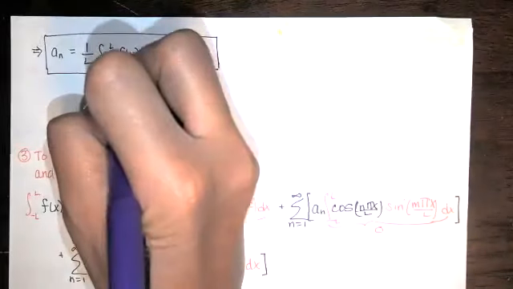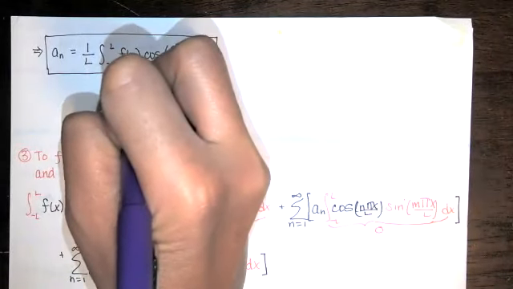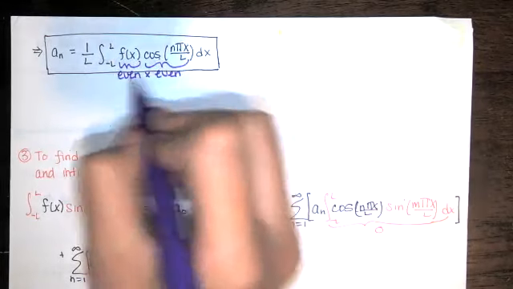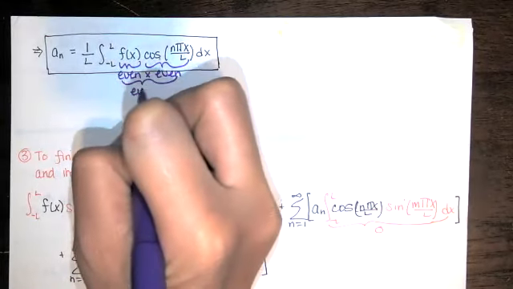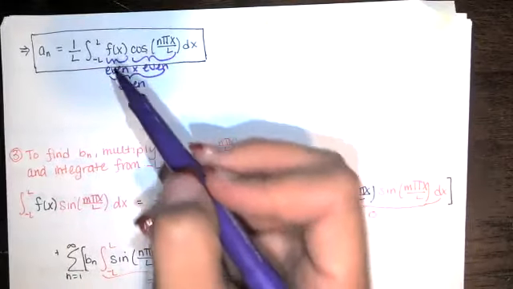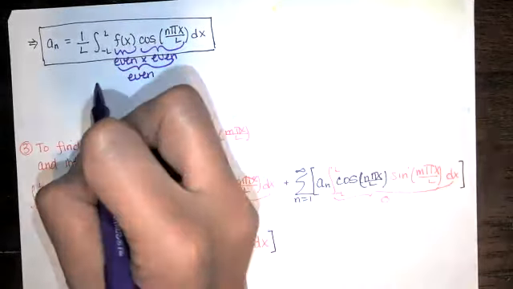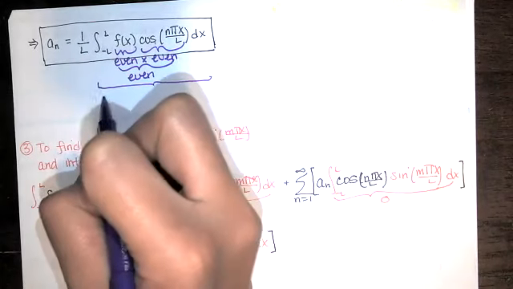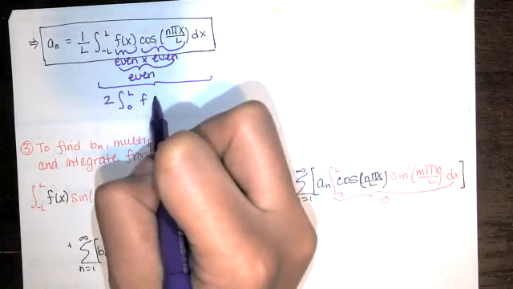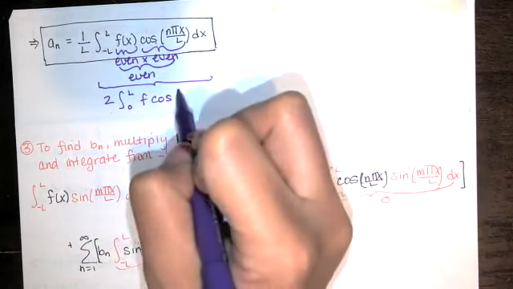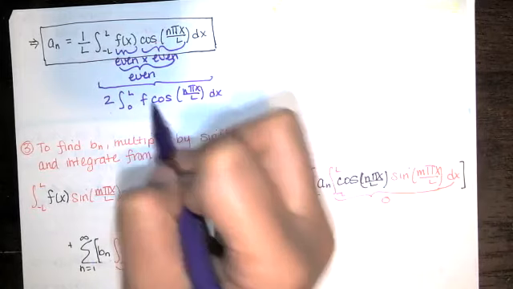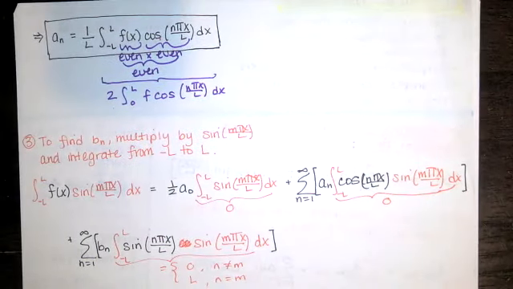Well, if f is even, this is an even function times an even function. So even times an even is an even function. That means this integral from negative L to L of this is the same as 2 times the integral of the same function from 0 to L. And of course, f depends on x.